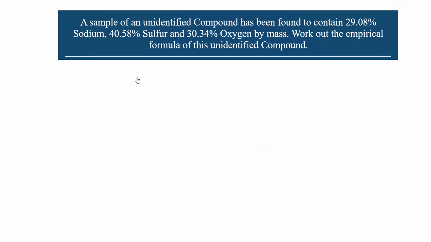So the first thing I'm going to do is add up the percentages just to have a look at what I get, right? So if you have a go at that, see what you come up with.